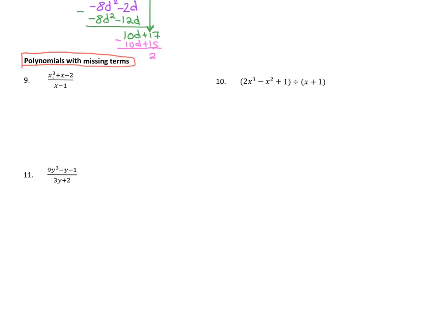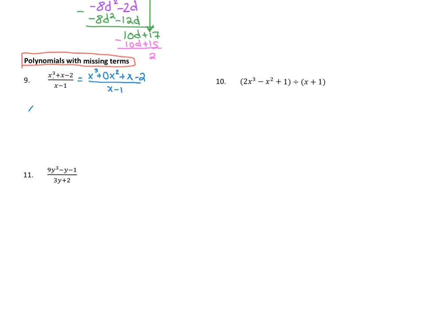All the examples we did above were in standard form and had all of the parts of the polynomial. So in this case, I want to rewrite this as x cubed plus 0x squared plus x minus 2. Because when I'm doing long division, I need to have that placeholder in, so I don't accidentally skip a spot.